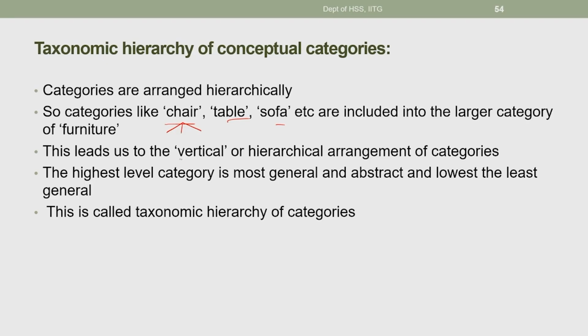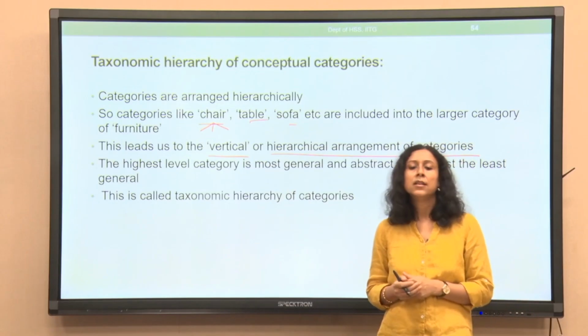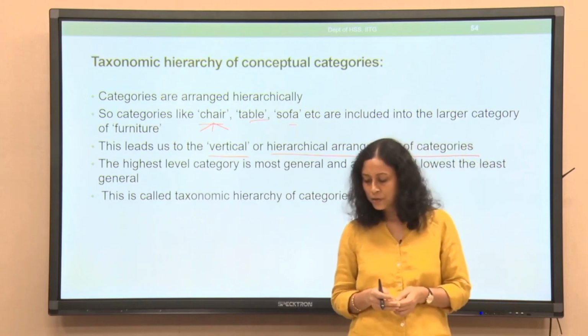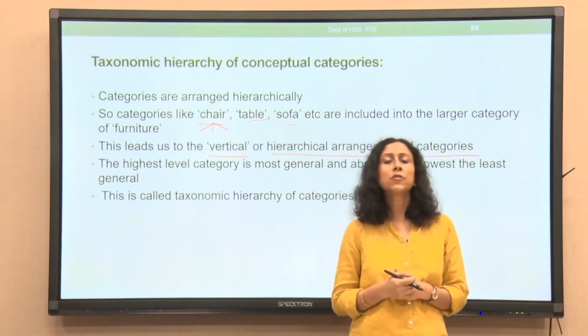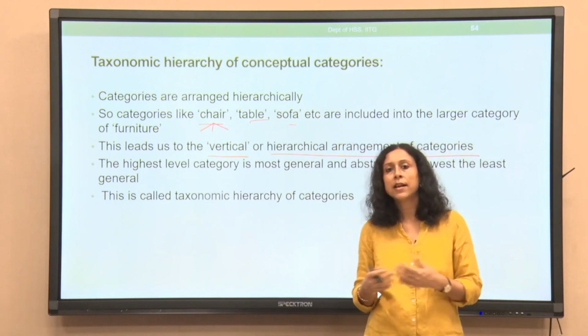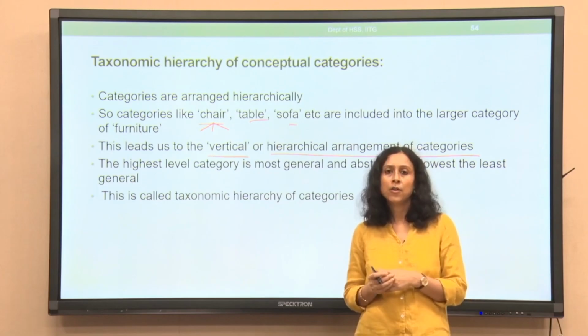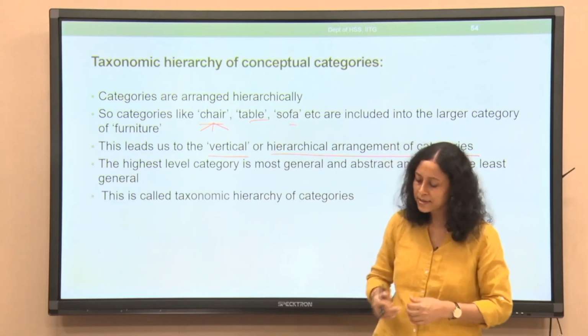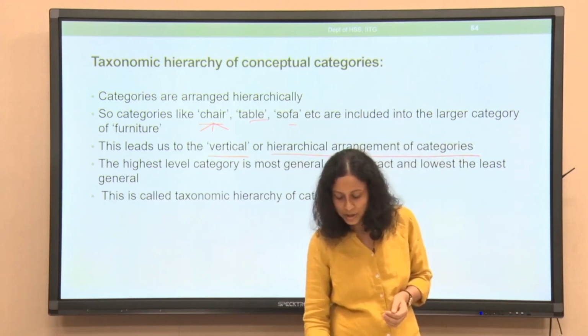This leads us to a vertical or hierarchical arrangement. Naturally, the highest level of any categorical organization is the most general at the top and the most specific at the bottom. For example, in the plant world or the animal world, you will have the animal world and then various kinds of animals, and so on. The highest level is the most general and the lowest level is the most specific.